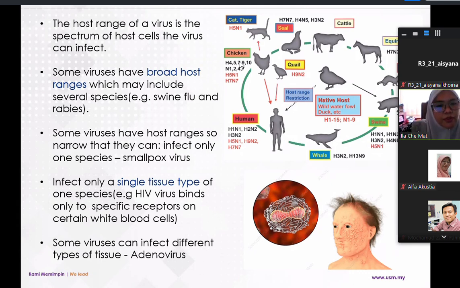And sometimes it's not only specific to one species, but specifically to one tissue or cell type. For example, HIV. HIV is very specific because it only infects the white blood cell, and specifically the CD4 T cell.